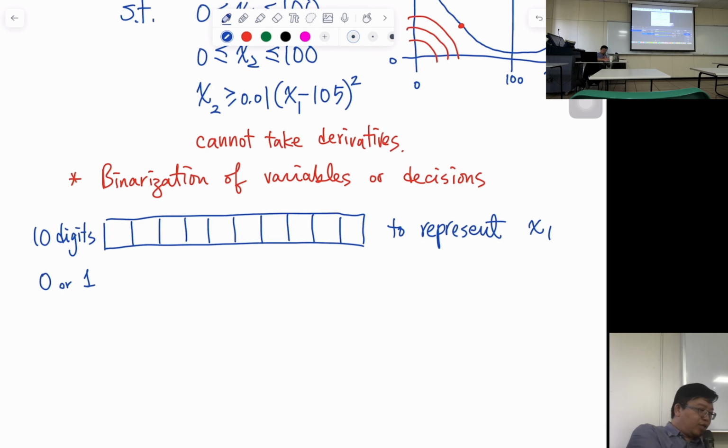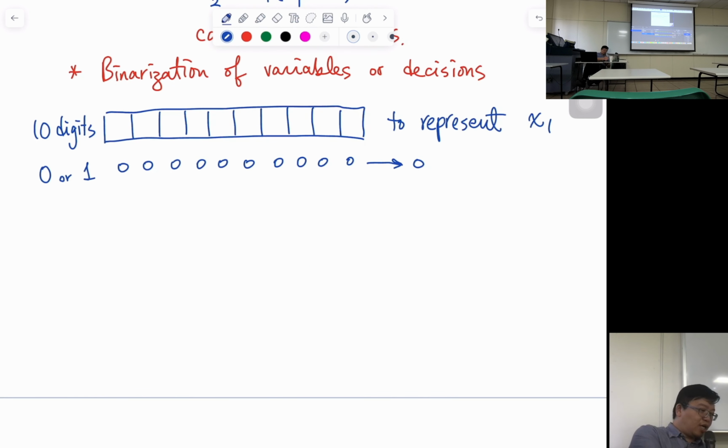Okay? So in this case, ten zeros is gonna be 0. Okay? How about the largest one? You know, for 10 digits, you have 1,024 possible combinations, right? The last one would be all the ones.